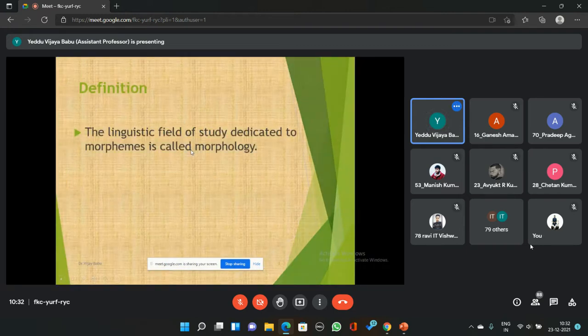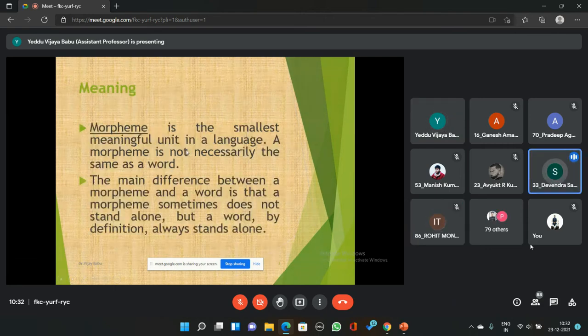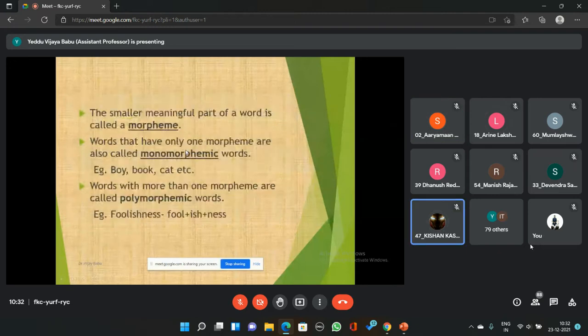So are you able to look at the screen? Is the screen visible to you? Yes, sir.